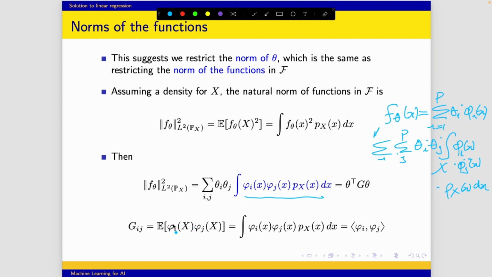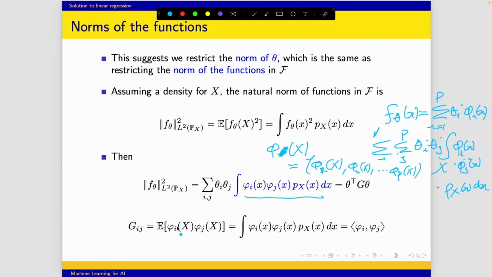These integrals are the expected value, by definition, of the ith component of the feature vector psi i of x, which is now a random vector, and the jth component of that random vector psi of x, which is psi 1 of x, psi 2 of x, up to psi p of x. So this is a random vector.